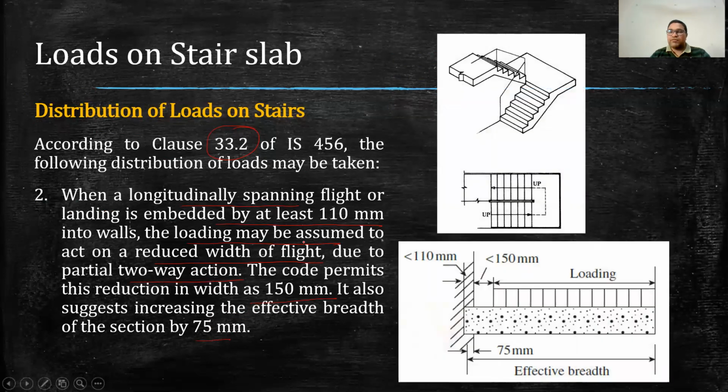Well, first we will see here. According to this IS code, as you can see, this is the case of a dogleg staircase, and generally dogleg staircases are supported by beams. One beam may be provided here and one beam may be provided here. But sometimes what we do is we insert this stair slab in the side wall also.